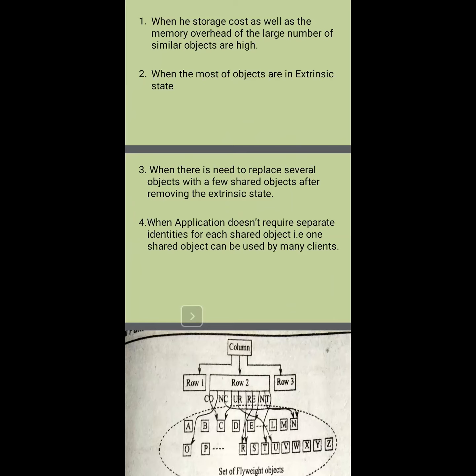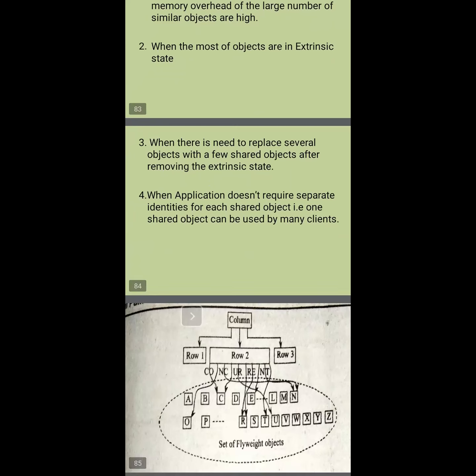So when we are able to store only a low number of objects' data, then also we use the flyweight. And when the application doesn't require separate identities for each shared object, that is, one shared object can be used by many clients. So here we need not store common IDs.